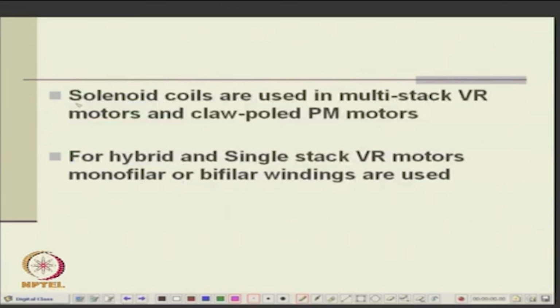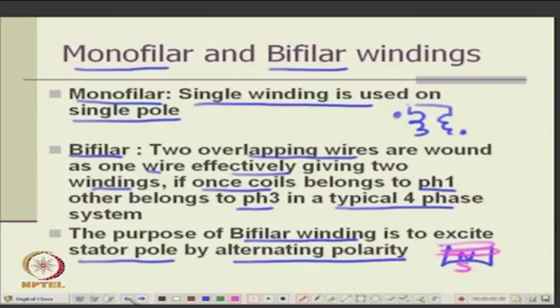And there are solenoid coils used in multi-stack VR stepper motors. I think you have seen this; let us see whether we have the solenoid coil. Yeah, this is a solenoid coil.